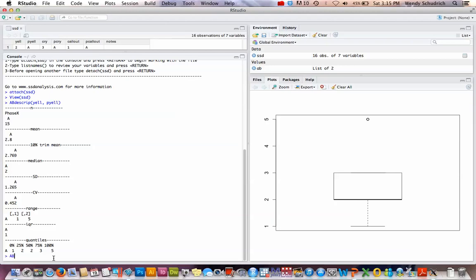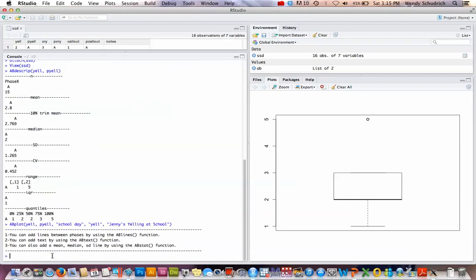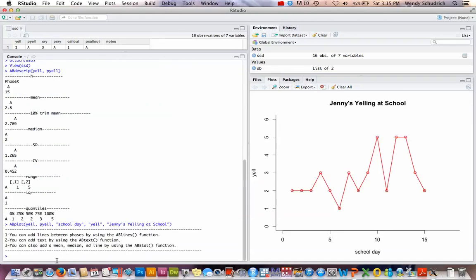Now Wendy is going to do a plot of the data, and she's going to put in X and Y labels and a title for the graph. Okay, now also there's a set of information about what you can add to the graph.